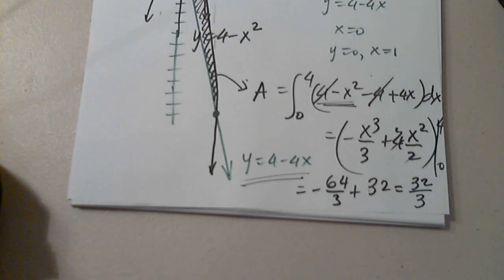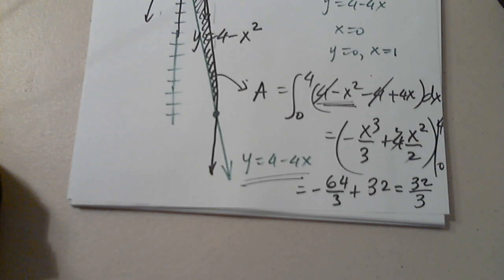I see the graph, I'm happy with my graph, I see that I'm correct, but now I also want to check the integral. So I have math 9, and the integral is from 0 to 4, from above, again, 4 minus x squared, minus below, which is minus 4 plus 4x, and of course dx.